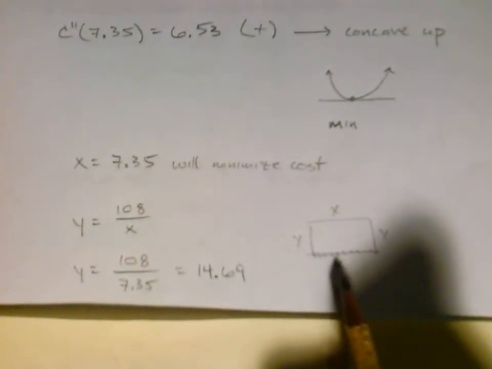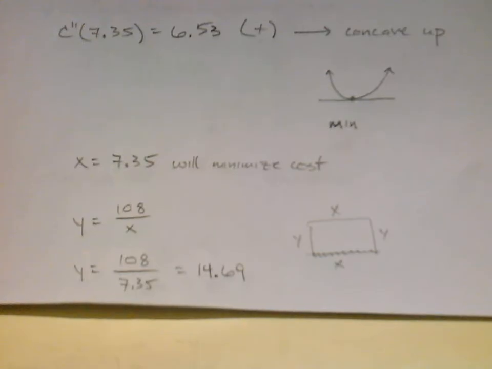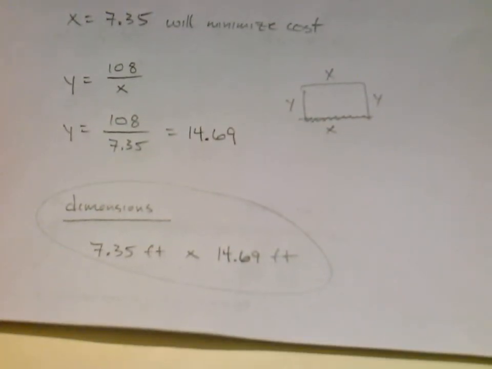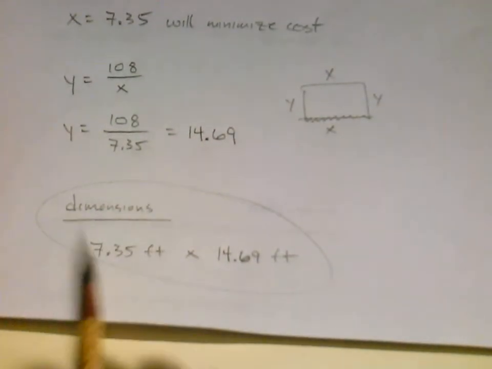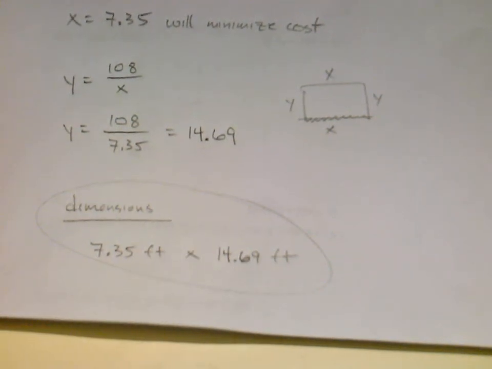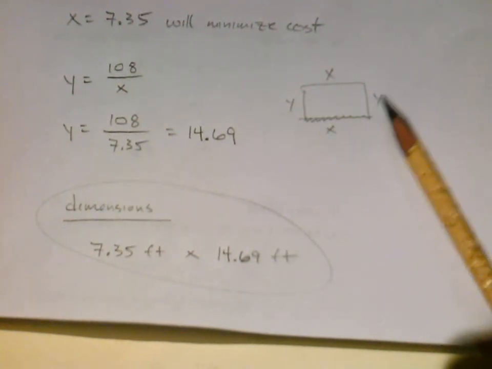The dimensions we just think of as x by y. So we've got the x value, we've got the y value, the dimensions of our region, 7.35 feet by 14.69 feet, which tells you that my drawing is not quite accurate.